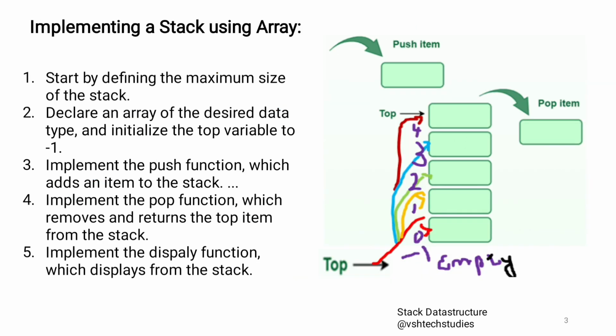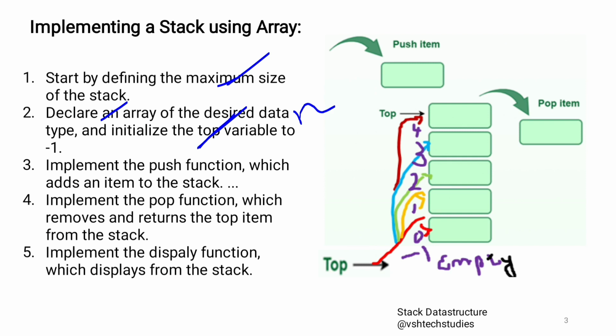So, implementing a stack using an array: we have to define the maximum size of the stack and declare an array of the desired data type. The data type means we may declare it to store int or float. But out of the maximum size, how many we are going to utilize, that we have to declare.